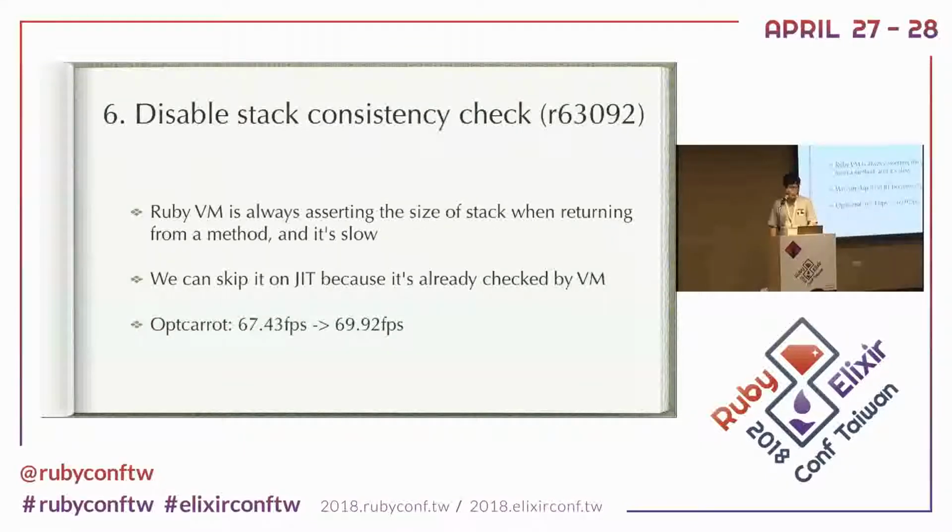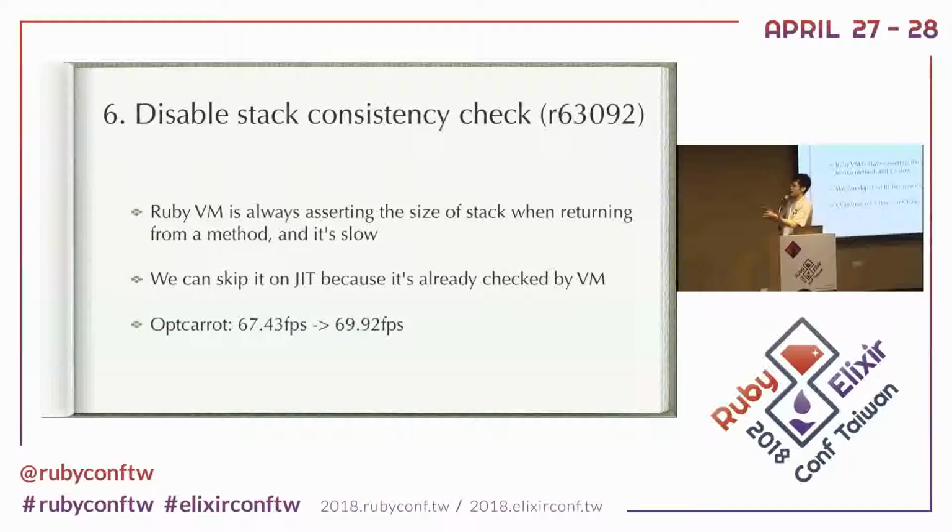Then I also disabled the stack consistency check. In the Ruby VM, it pushes objects to the stack, and the stack state may be wrong when the compiled code is wrong.